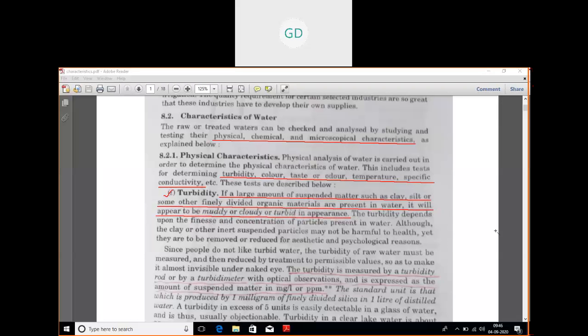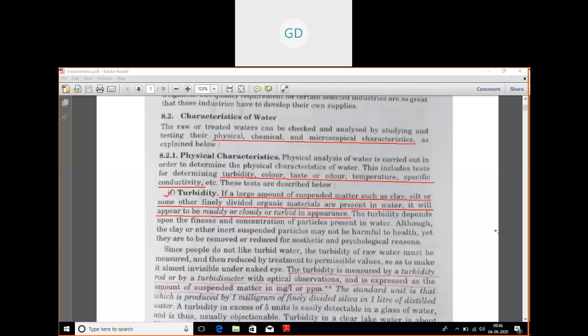Suspended matter like clay, silt, sand, or also some vegetation present in water makes the water appear muddy, and you can see turbidity with your naked eyes.